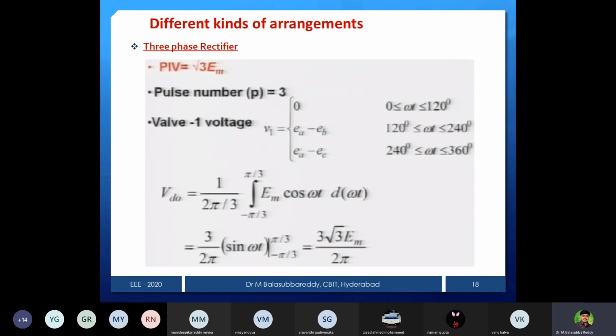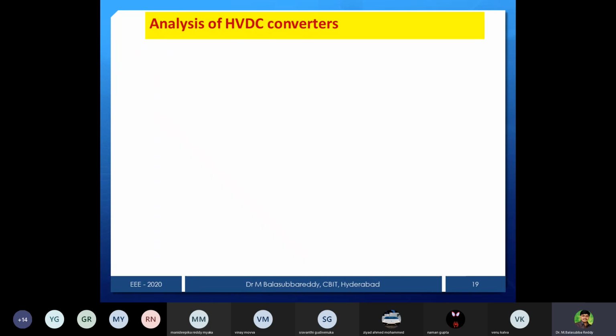Once the valve is in the conducting state, the voltage is 0, and if it is in the open state, the anode is connected to one phase and the cathode to another phase, and across that you can easily measure from positive to negative, so it is anode to cathode. Then we can easily get the value of the valve rating by considering a three-phase midpoint converter.